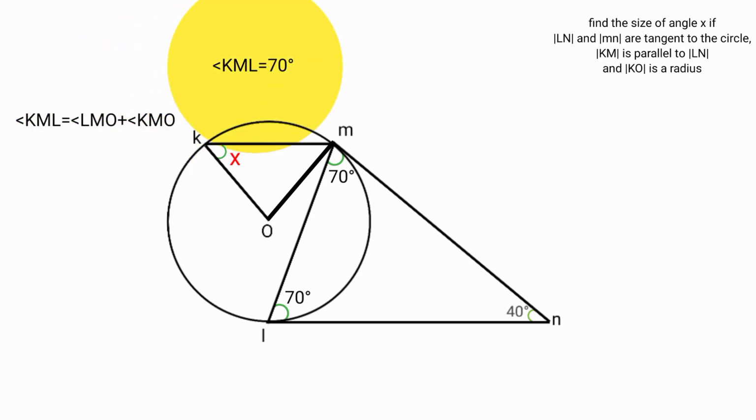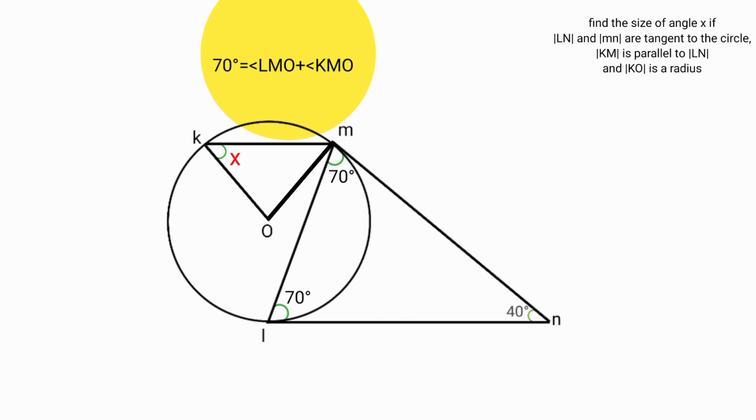But angle KML here is 70 degrees, so we can substitute: 70 degrees equals angle LMO plus angle KMO. Now if you come back to this triangle KMO here, since this side and this side are equal because they are radii, that means it is an isosceles triangle with this angle here as the vertex angle, and this angle X and this angle KMO as the base angles of the triangle.